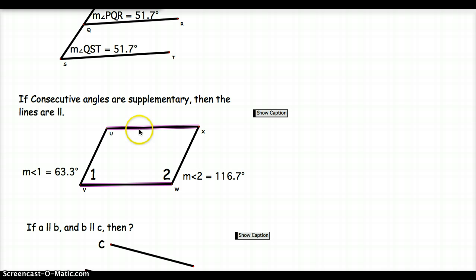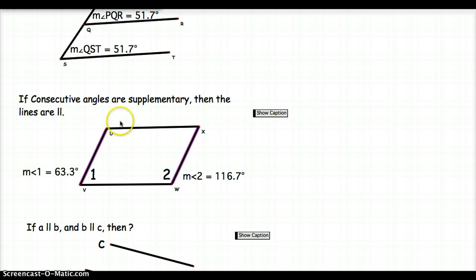So here's the deal. If these two lines are parallel, then this is a transversal. If these two lines are parallel, then this is a transversal. You have to really look at your question to make sure you know which one you're talking about.